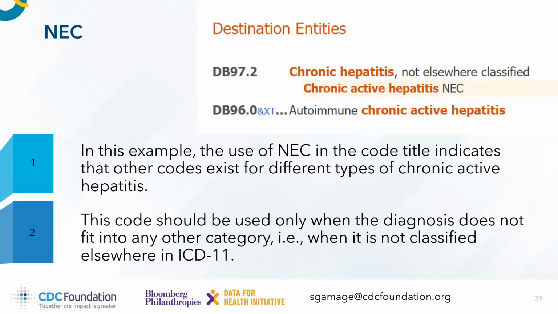DB97.2, chronic hepatitis not elsewhere classified, chronic active hepatitis NEC. In this example, the use of NEC in the code title indicates that other codes exist for different types of chronic active hepatitis. This code should be used only when the diagnosis does not fit into any other category. That is, when it is not classified elsewhere in ICD-11.